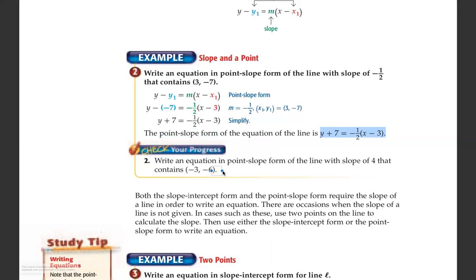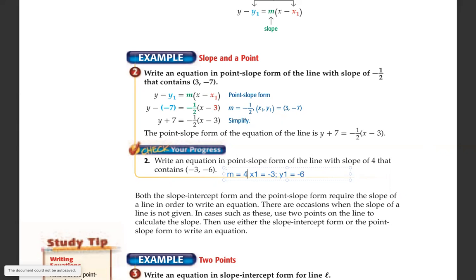Okay, so for example here, let's write over here. Let us identify our m and our x1 and y1. Okay, so we have m equals 4. x1 is equal to what? x1 is equal to negative 3, and then y1 is equal to negative 6.